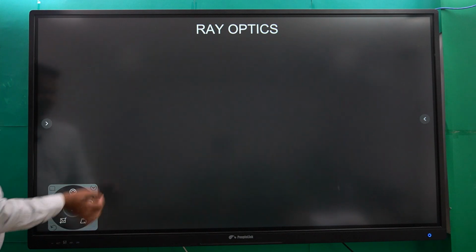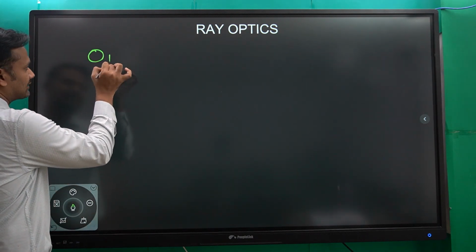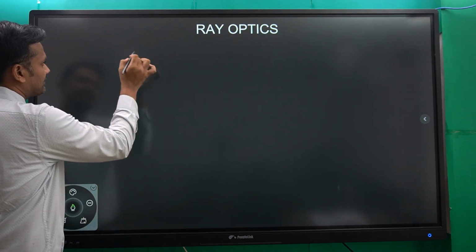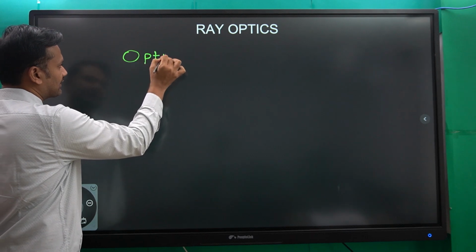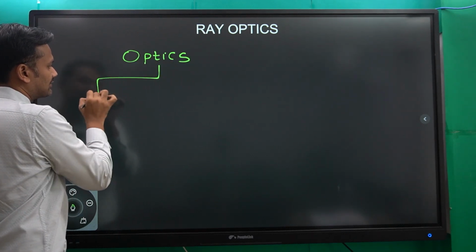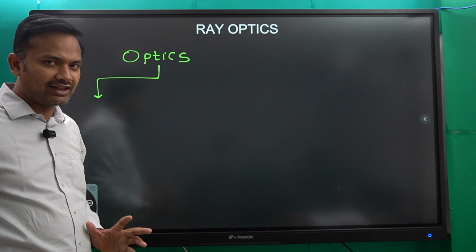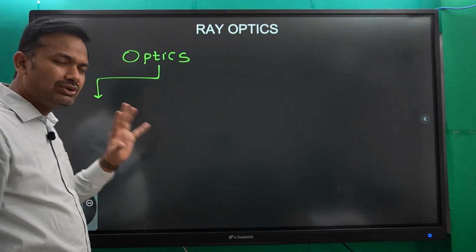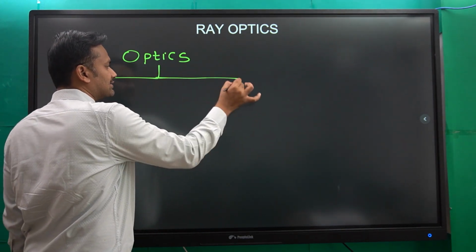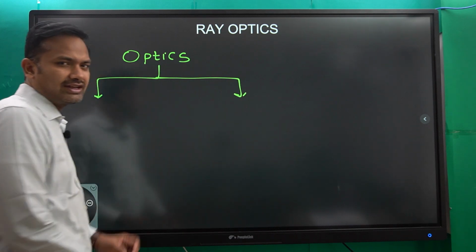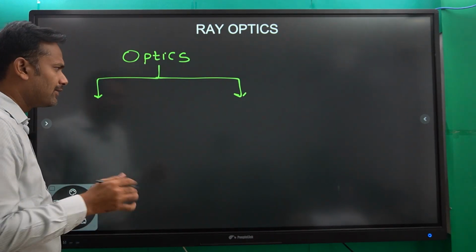Now, let us see what is optics. We may classify optics into two categories. Basically, optics is the study of light, and we have classified it into two parts.